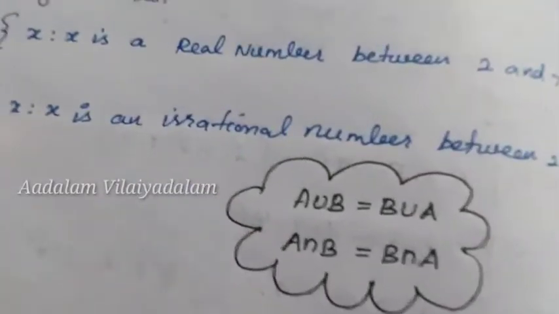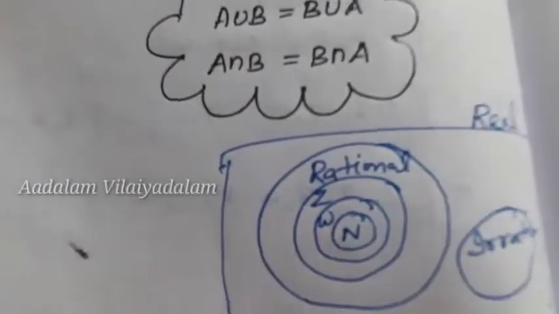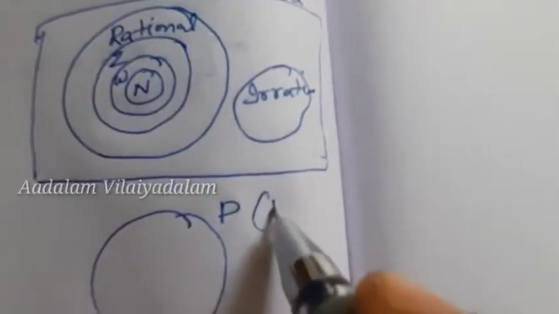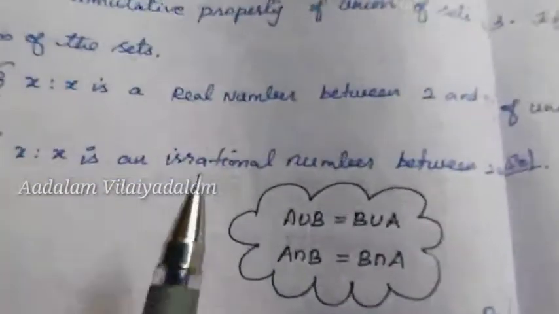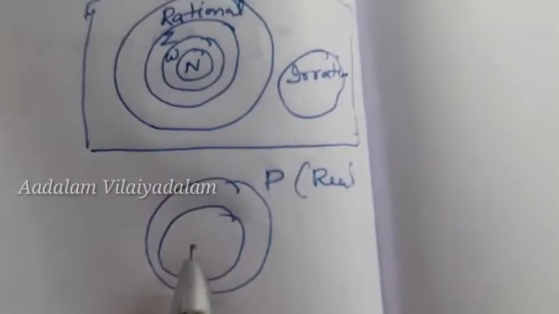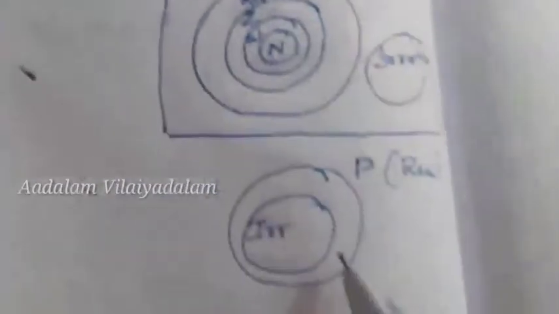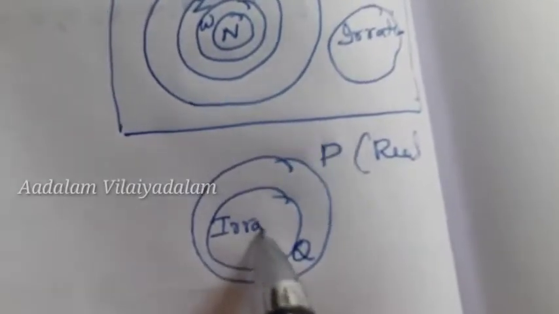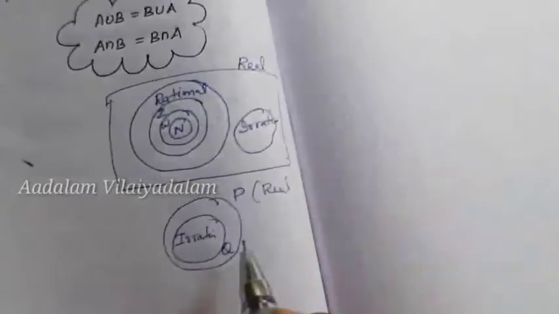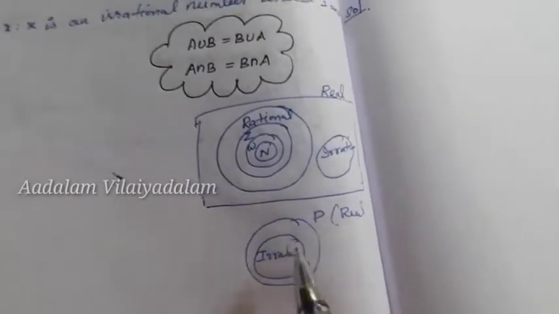So if P is the real numbers between 2 and 7, then the irrational numbers are one of its subsets. That is Q. Then all these elements of Q will lie in the set P also.